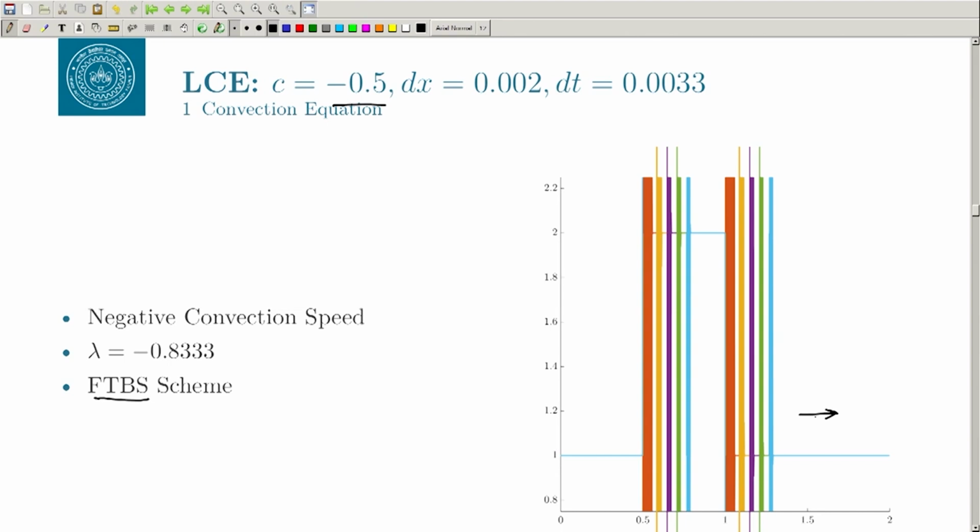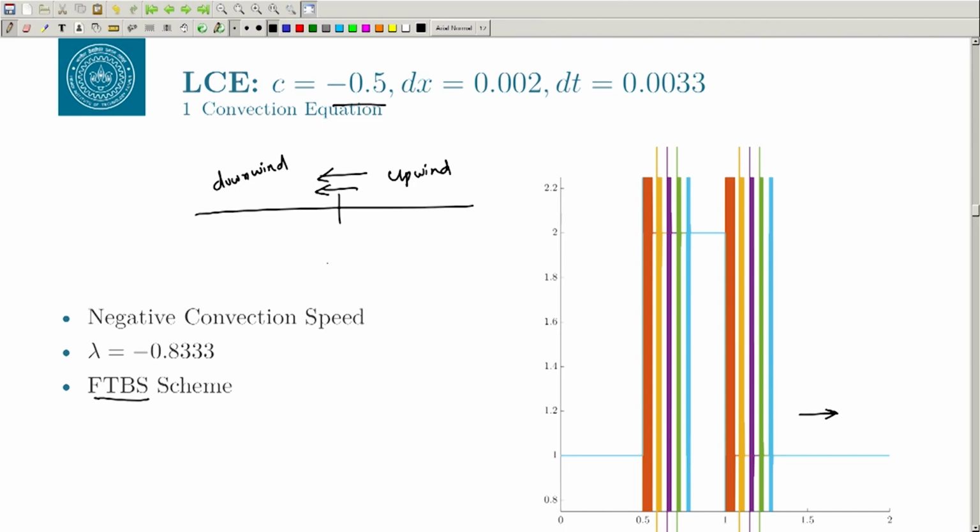Why is it blowing up? The reason is that now c is negative, so your information is travelling from right to left. When it is travelling from right to left, this is your upwind and this is your downwind. So, you need to take the information from this direction.